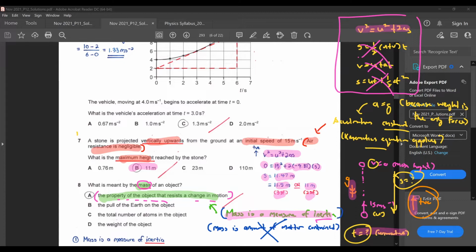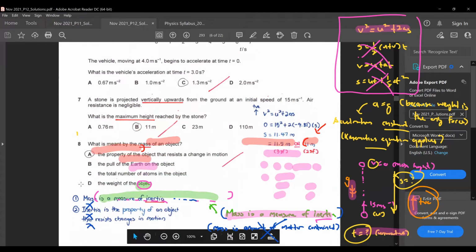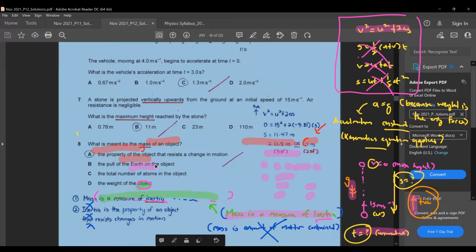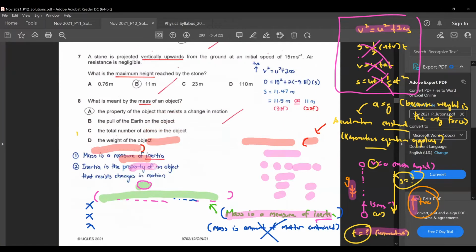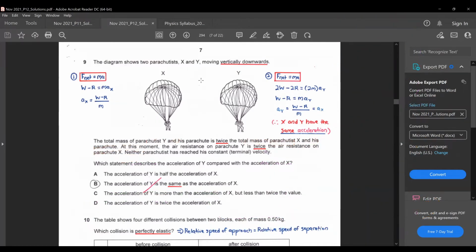Mass is a measure of inertia, which in turn is the property of an object that resists changes in motion. So the rest of the answers is not what you want. Only A is correct. Yeah, I actually wrote it here already. So it is something like this definition. Nothing to it. Okay, so question number 9.